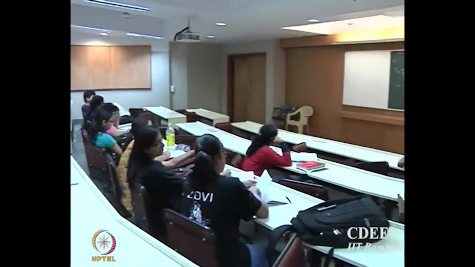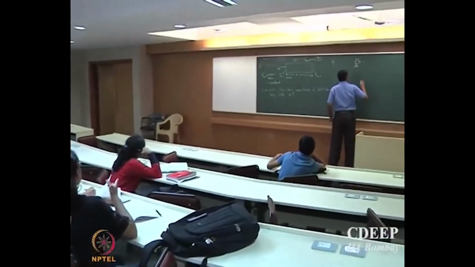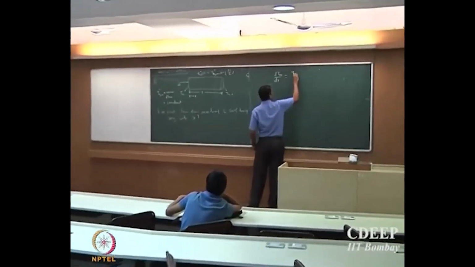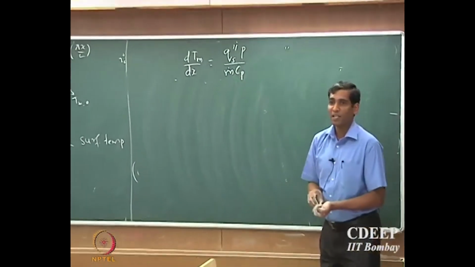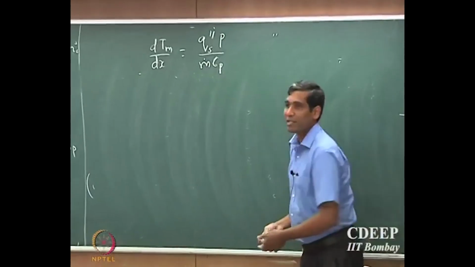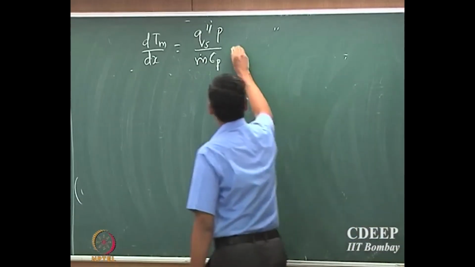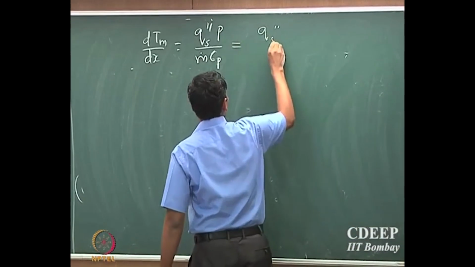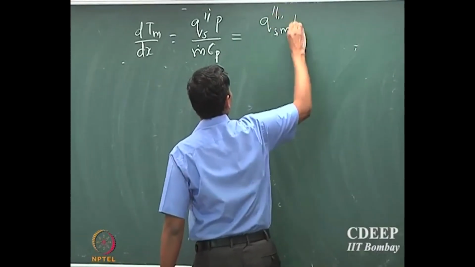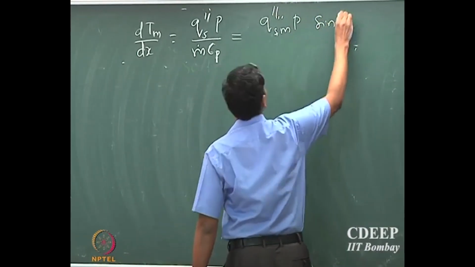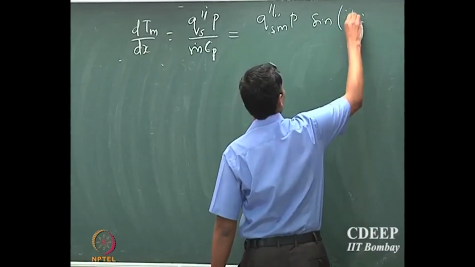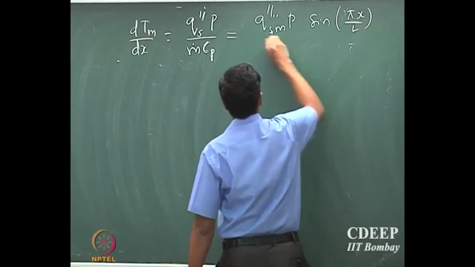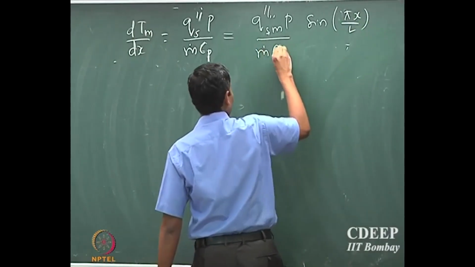We said that dTm by dx is nothing but Qs prime into perimeter by m dot c. Okay. So, that is the balance for the mean temperature or the cup mixing temperature, and so we know what Qs is. So, we substitute Qs as P into sine pi x by L divided by m dot Cp.